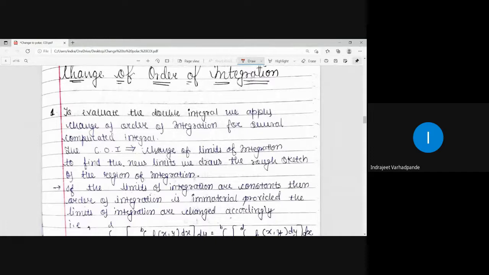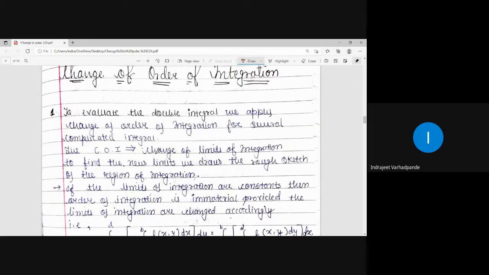So accordingly I have to first integrate with respect to y and then with respect to x. In such cases it will not be possible for us, looking at the integrand, to do the integration first with respect to y. So if it is not mentioned but still we feel that it is difficult for us to simplify, we will change the order. We will change or reverse the order.